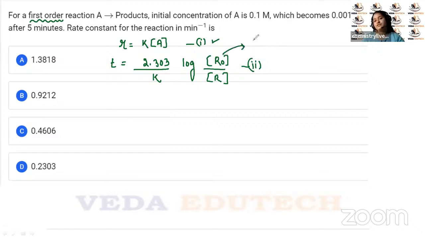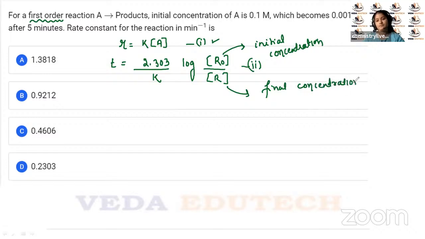What is this R naught, children? R naught is your initial concentration. This is the final concentration. For example, if you had initially 10, 2 grams reacted, now you have 8. So this 8 is your R. This is your R naught.